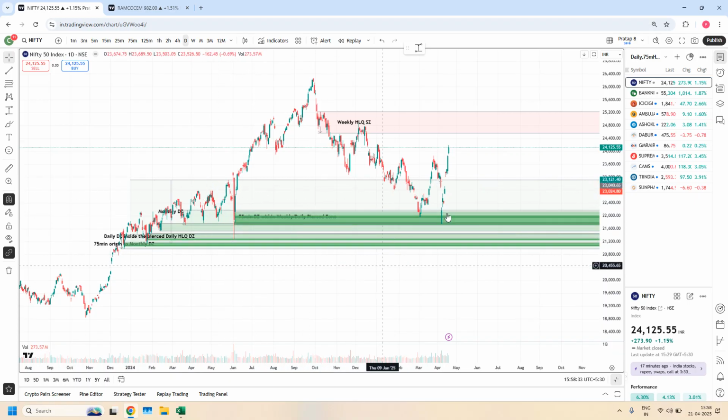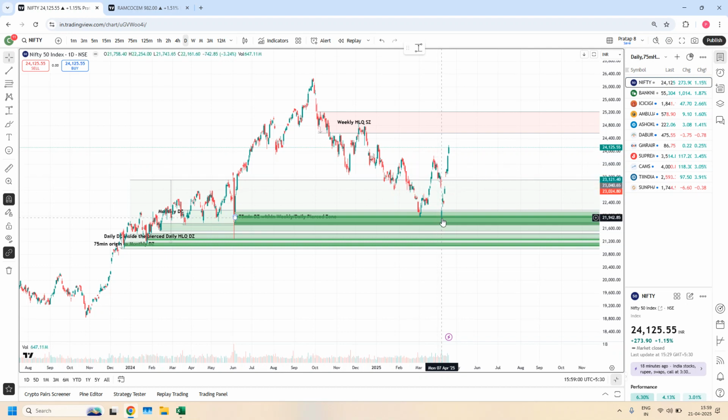We already analyzed this zone previously, the monthly zone. Inside monthly, we have a weekly pierced zone. In the weekly pierced zone, a 75 minutes order flow was created on the election declaration day. The 75 minute zone is created inside the pierced weekly zone, and the daily zone is also there. From there it picked up the orders and gave 800 points.